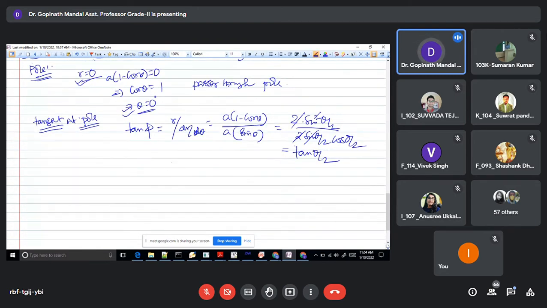So at the pole theta equal to 0, tan phi equals tan 0 degree, that is 0. So phi is equal to 0.